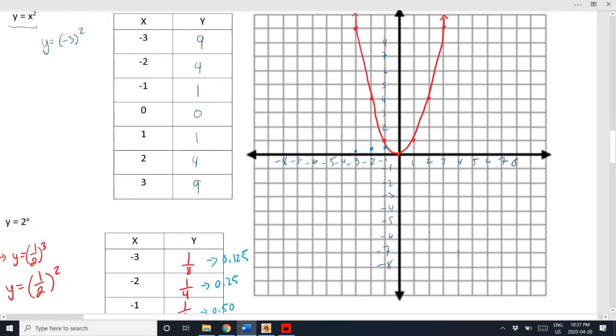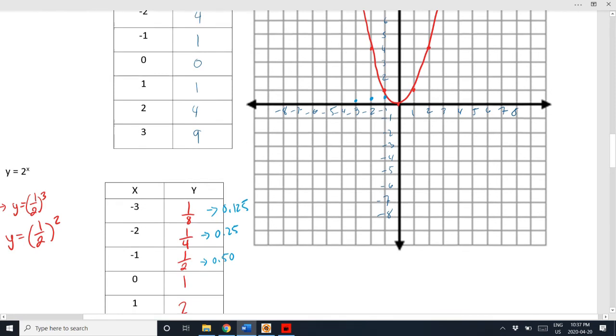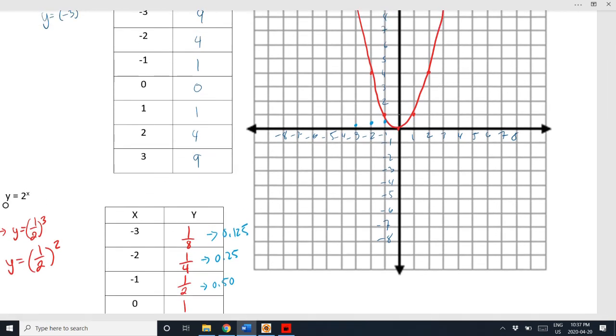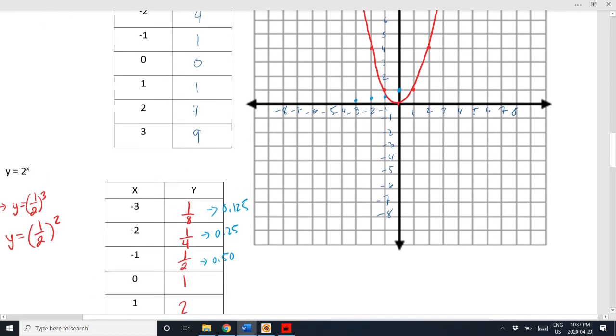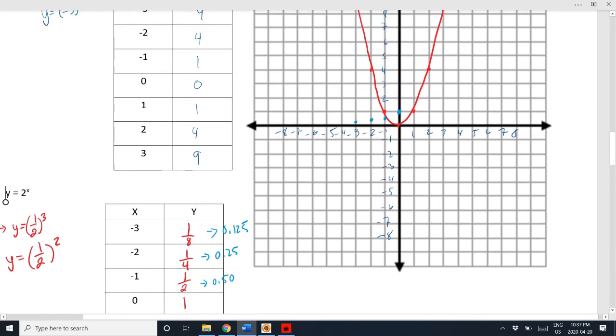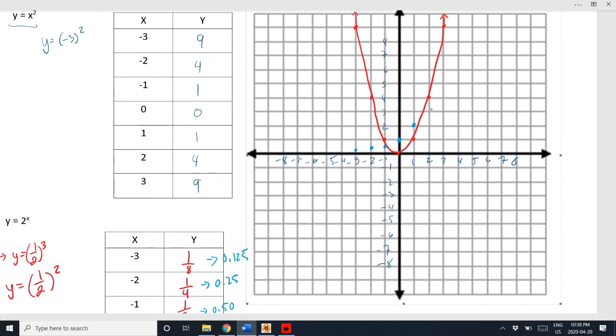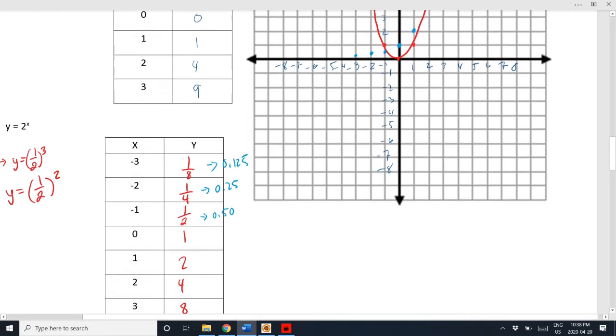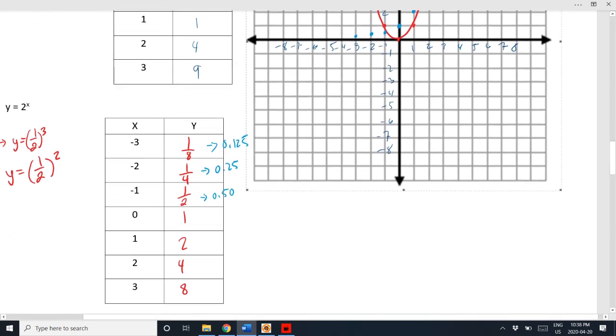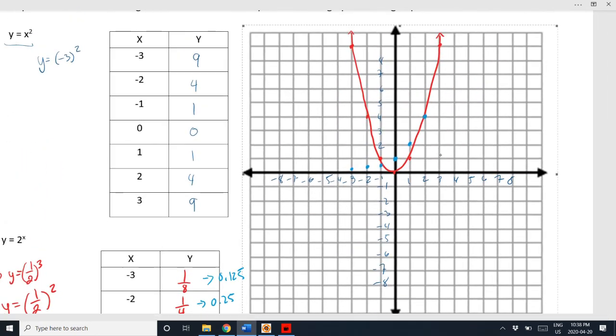At 0, we have 1. Anything to the power of 0 is 1. And at 1, we have 2. And at 2, we have 4. We have a common point there between the two. And at 3, we have 8.